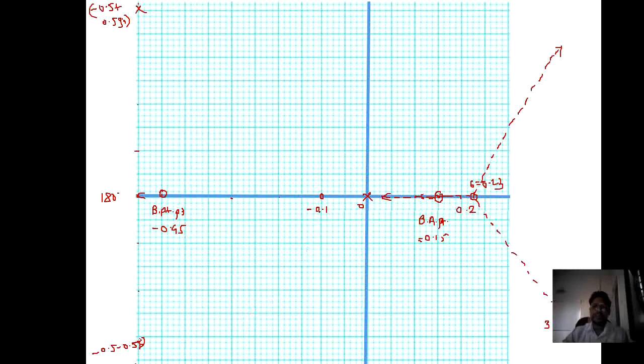Got it? Next, the intersection with the imaginary axis.